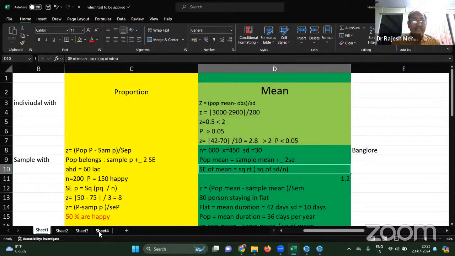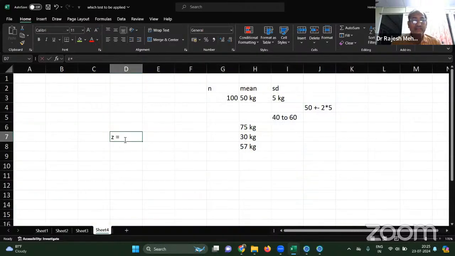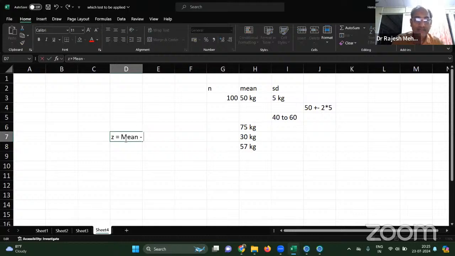The formula will be like this: Z is equal to mean minus observation, divided by standard deviation. So it says how many standard deviations away.